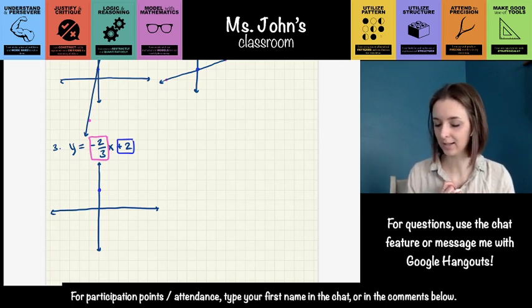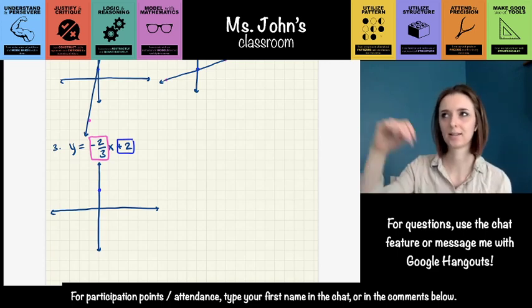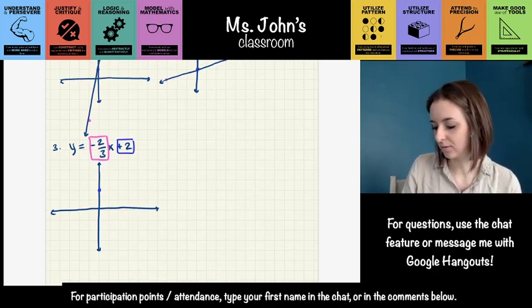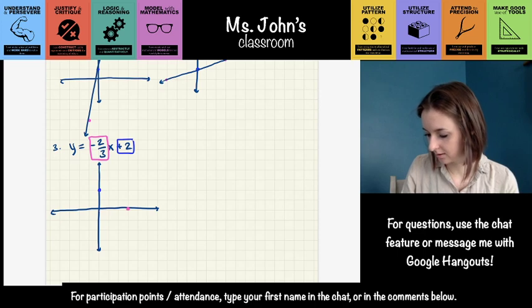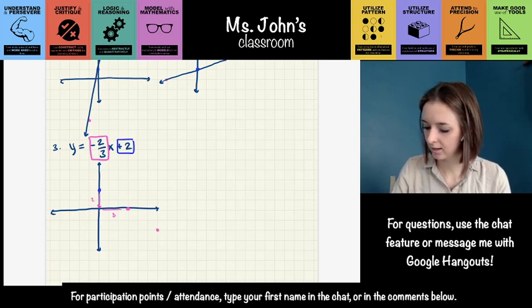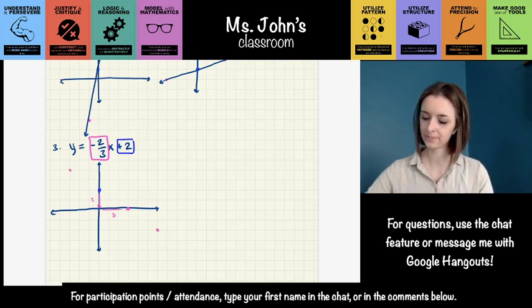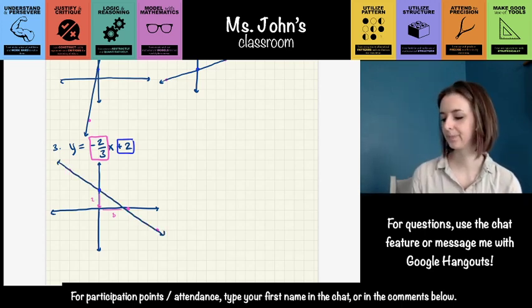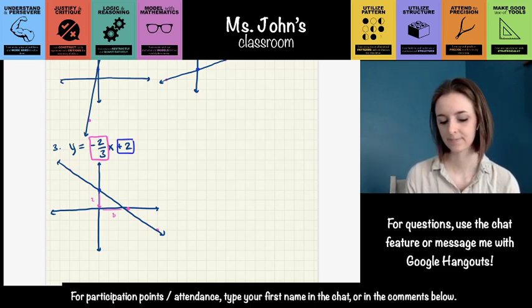So instead of being a rise, it's like a fall, because it's a negative. So we go down 2 over 3, down 2 over 3. And then I'm going to do it backwards as well, which creates this line. There you go. Good.